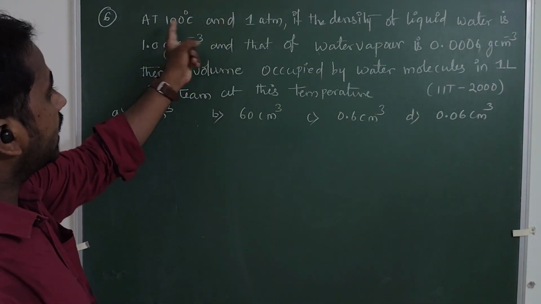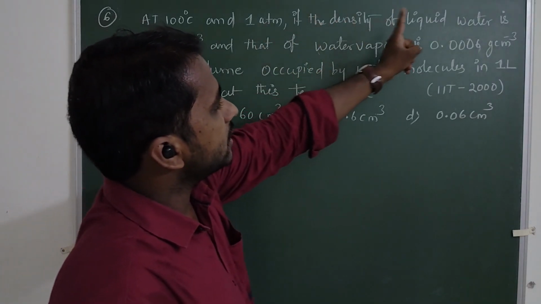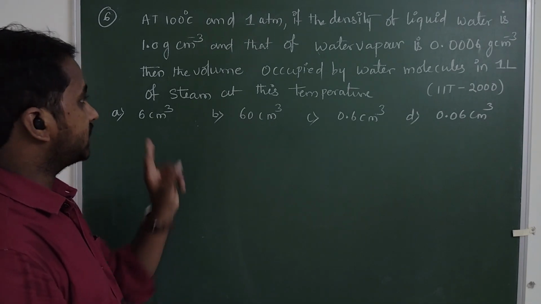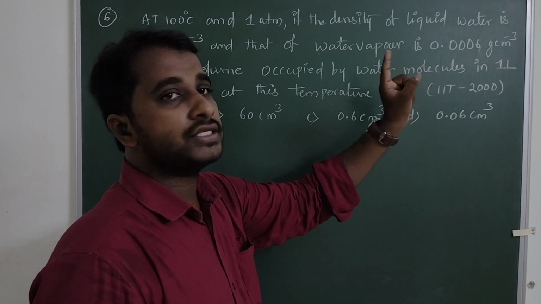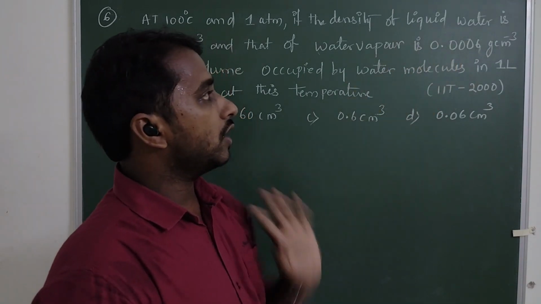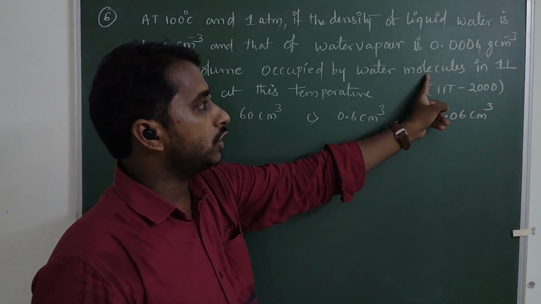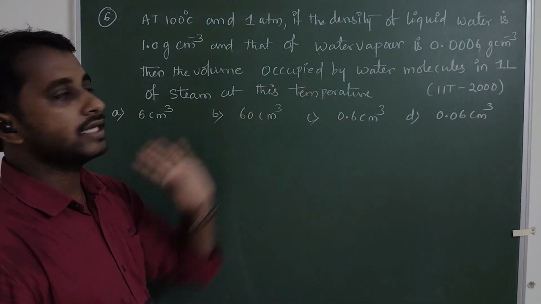The question is: at 100 degrees centigrade and 1 atmosphere, if the density of liquid water is 1.0 gram per centimeter cube and that of water vapor is 0.0006 gram per centimeter cube, then what is the volume occupied by water molecules in 1 liter of steam at this temperature?